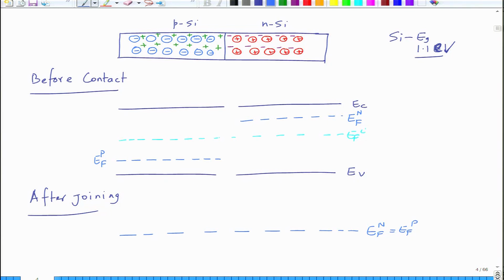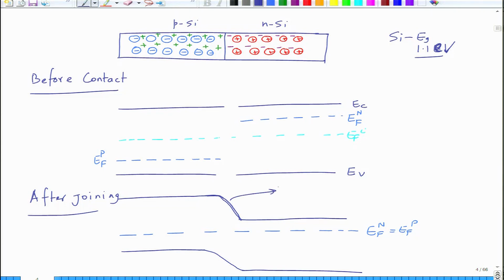If this is the case, deep inside the semiconductor, somewhere here, the conduction and valence band are at the same distance. So, this is the position of the conduction and valence band which remains the same. Here also the conduction and valence band situation remains the same, but at the interface you have what we call band bending.